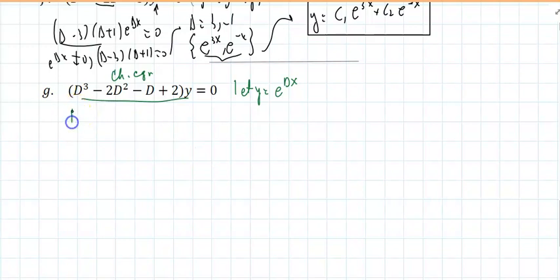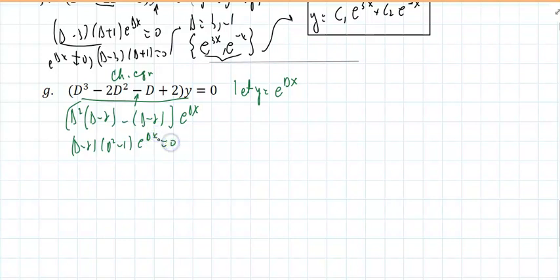You could say, well, if I factor a d squared out, d minus 2 minus d minus 2, right? All applied on y, which is e to the dx. Then you could factor a d minus 2 out. You'll have d squared minus 1 times e to the dx equals 0. So (d minus 2)(d minus 1)(d plus 1) e to the dx equals 0. e to the dx can never equal 0.